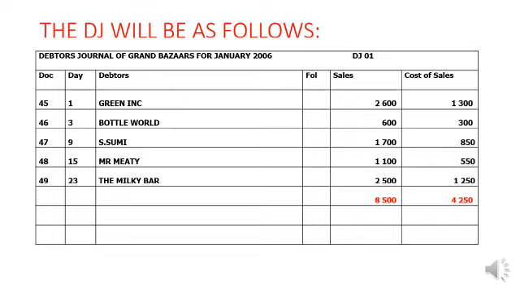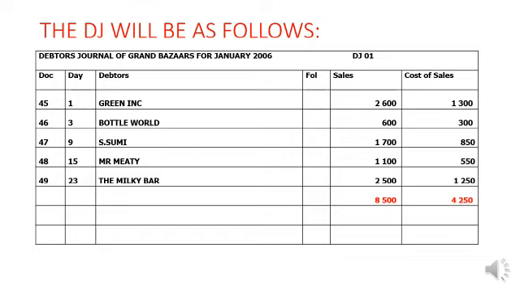You go to the next one. If you look in your workbook, you are not given the invoice number. But remember, I've told you, once you are given the first one, they must flow in chronological order. So it's now invoice number 46, day 3, Bottle World. The amount of sales was 600, half of that is 300. Day 9, invoice number 47, S Sumi, the amount was 1,700.